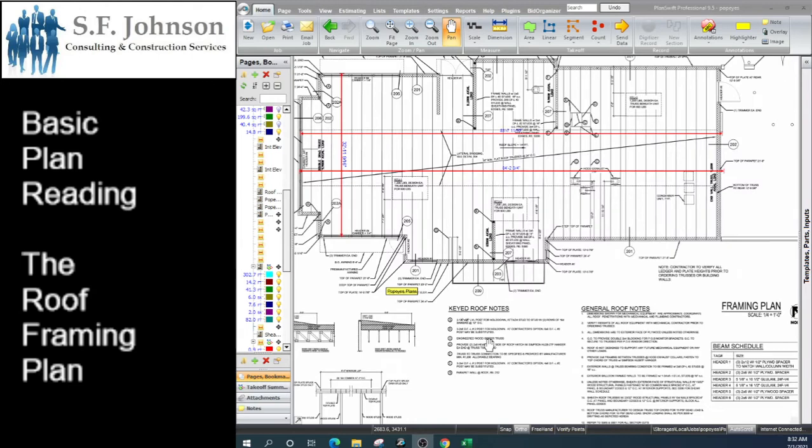So back to the takeoff for an estimate: the area of the roof, or individually measure how many linear feet of each type of truss you have. Second are all the posts and columns based on the information they give you. And third are all the headers.